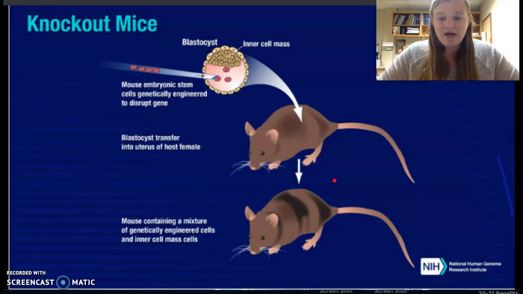And we will get a mouse that expresses some of these things. For example, before my senior year in high school, I worked at Dana-Farber Cancer Institute, and we worked with P53 mice, which are mice that have a tumor suppressor gene removed. We basically replaced that gene with an inactive version. And so the mouse gets tumors all the time, which is really helpful when you're studying cancer.